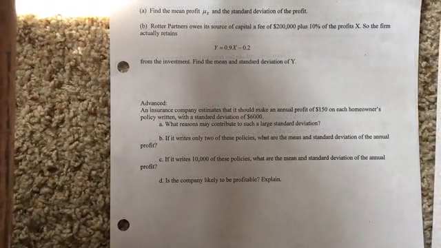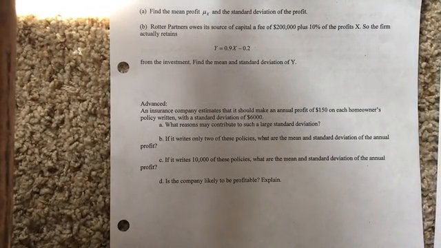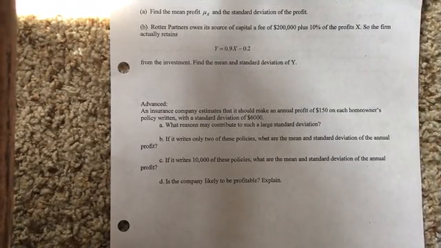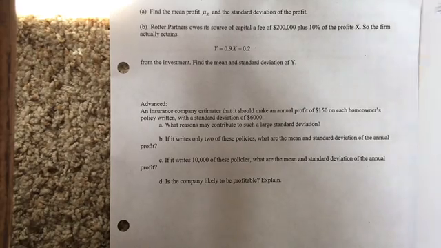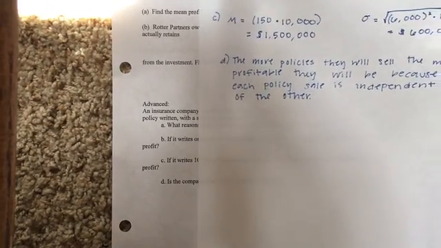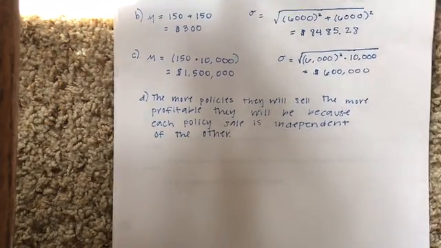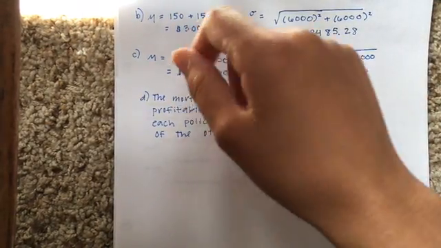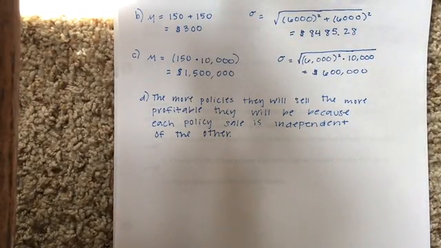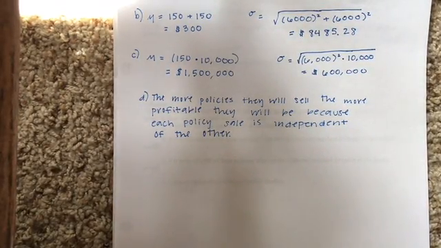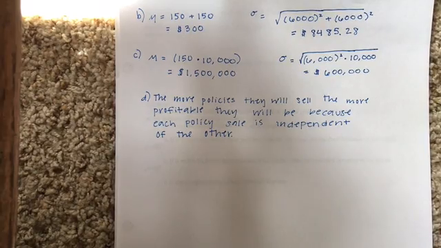Part B says if it writes only 2 of these policies, what are the mean and standard deviations of the annual profit? So to do this, if it only writes out 2 policies and it's $150 per policy, we know that the mean is going to be $300.